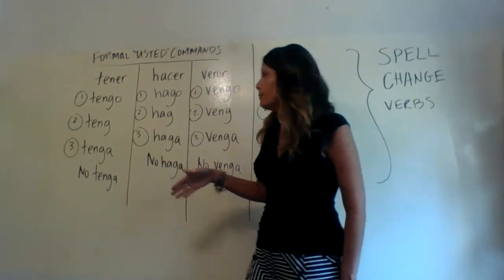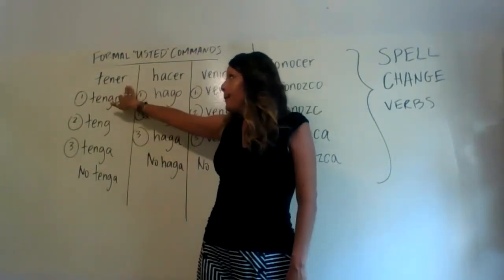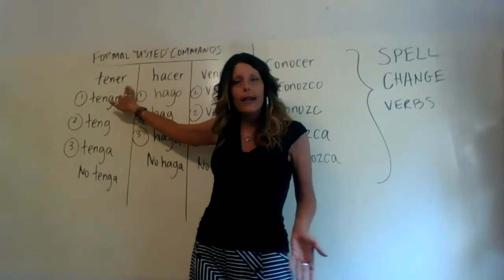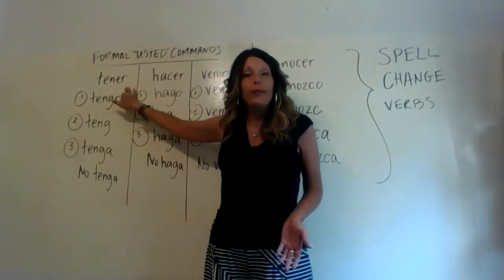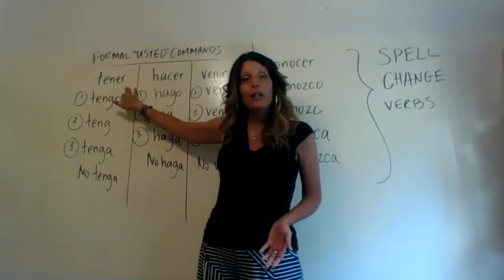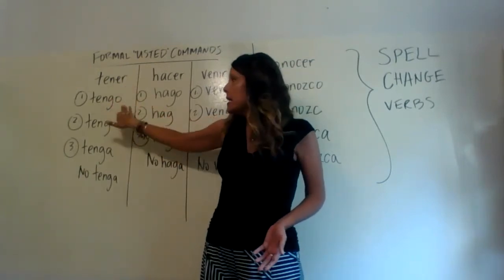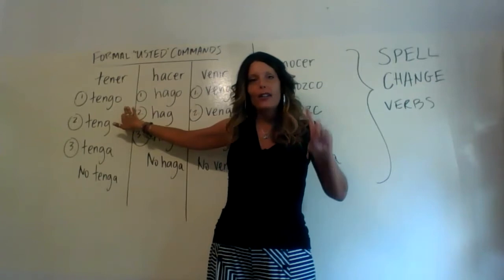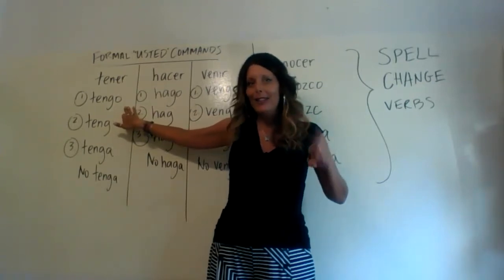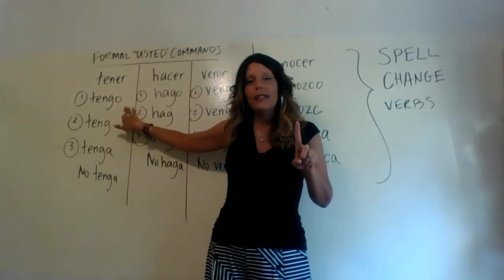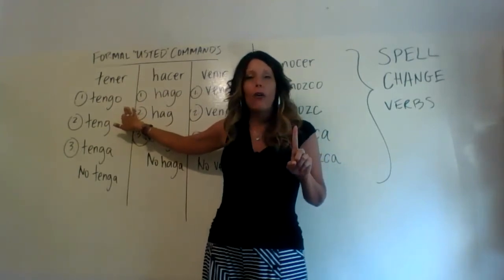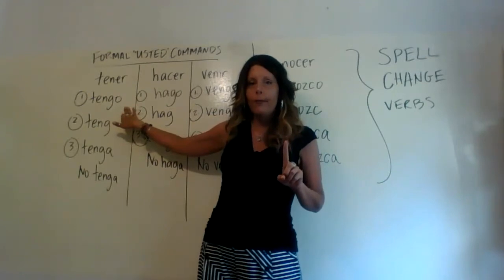So remember, we're making formal usted commands. We want to, for whatever reason, make a formal usted command with the verb tener. Remember that the verb tener means to have. And I'm never going to skip any of my steps. So I take it back to the yo conjugation of the present tense, and I get tengo, T-E-N-G-O.